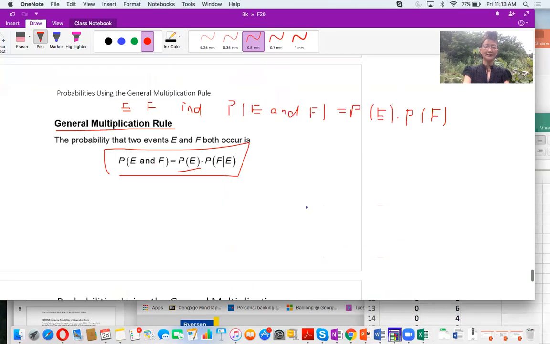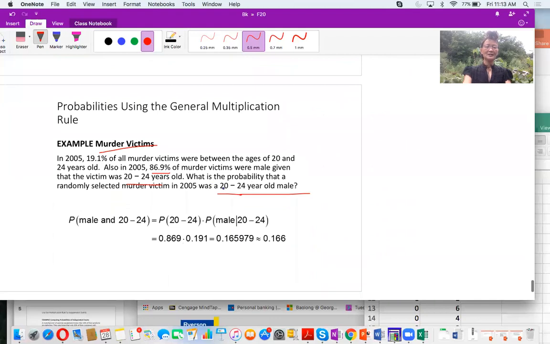And this question asks what is the probability that a randomly selected victim was 20 to 24 years old and male? It is and.